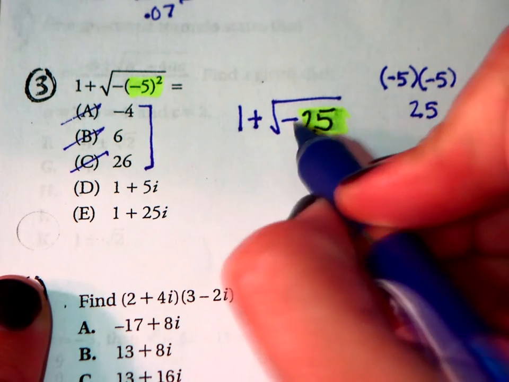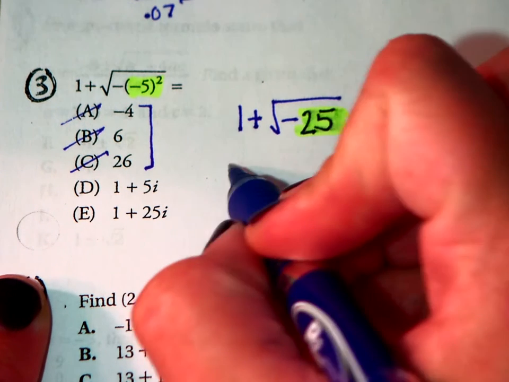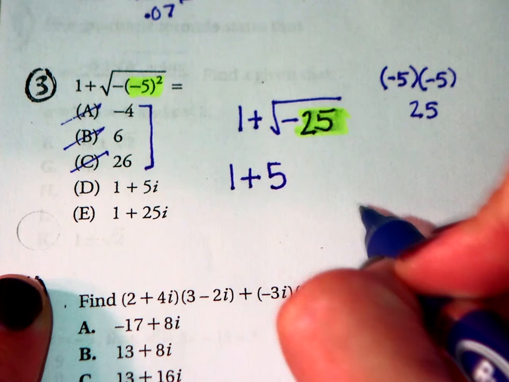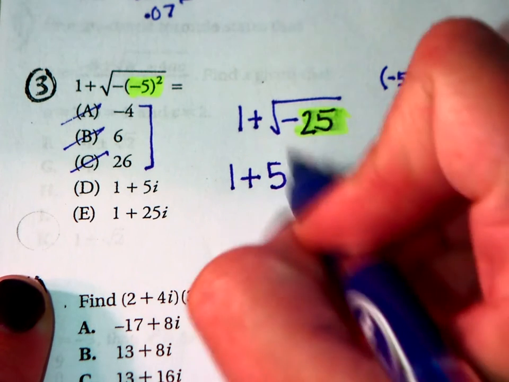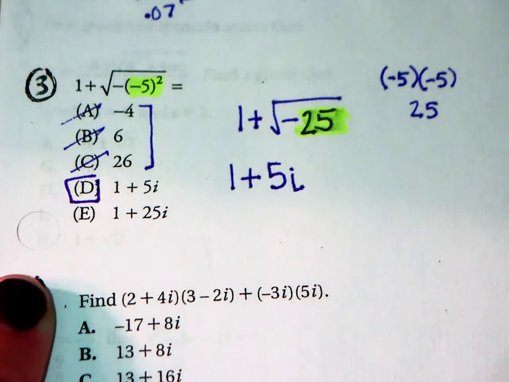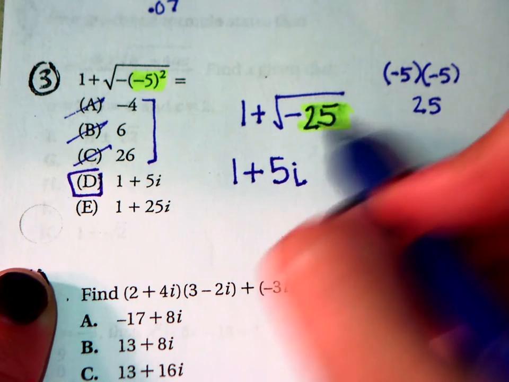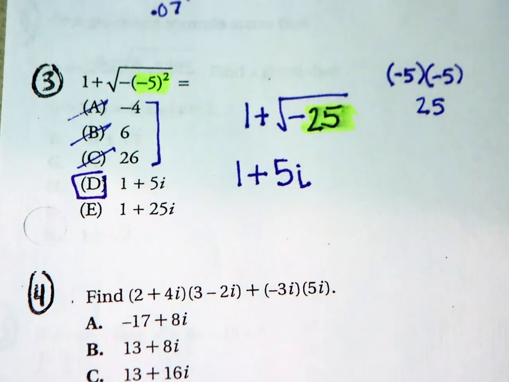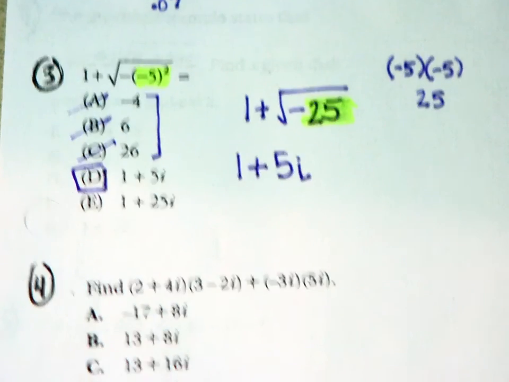They just take the square root of -1. So right here, the square root of -25: the square root of 25 is 5, the square root of -1 is i, for an answer of D. If you choose E, all you did was forget to square root 25 as well. That's important.